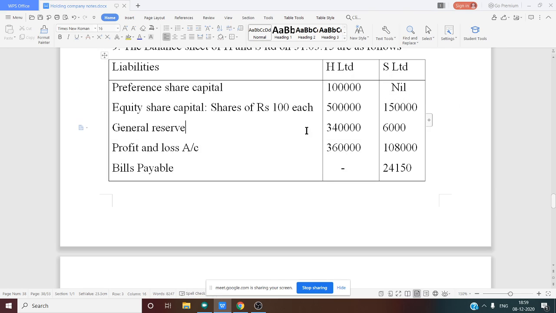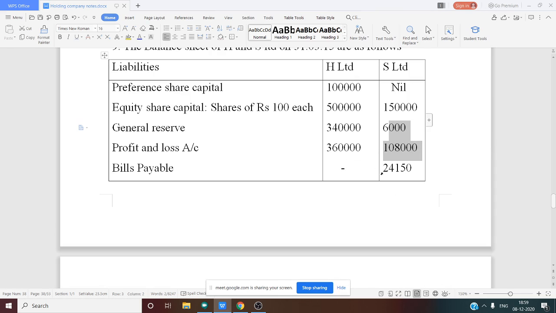Equity share, again holding company only, you have to take 5 lakh. What about subsidiary company share capital? It is already adjusted, so it doesn't come in the consolidated balance sheet. General reserve of holding, yes, you have to take. Then profit and loss account of holding you have to take, but for subsidiary company general reserve and profit and loss account, you have to see the majority interest working note. Don't take this information for subsidiary company.